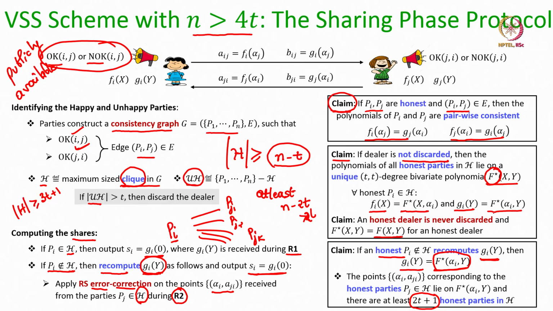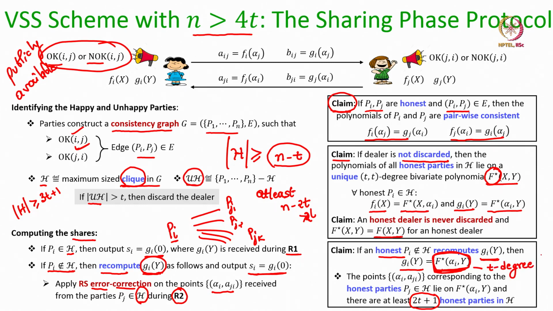And the common points on the row polynomials of all the honest parties in this happy set uniquely determine this column polynomial f star(alpha_i, y). And what is the degree of this column polynomial f star(alpha_i, y)? It is a t degree polynomial.